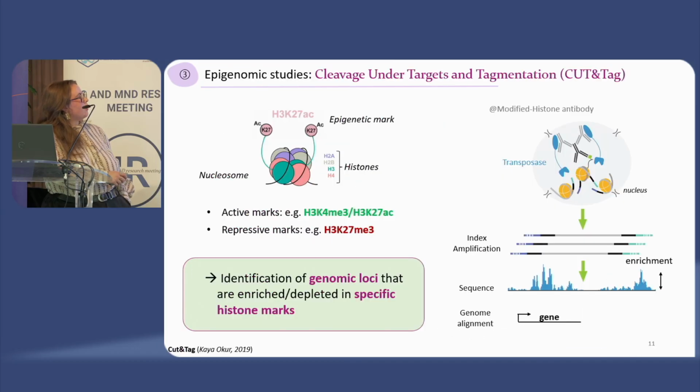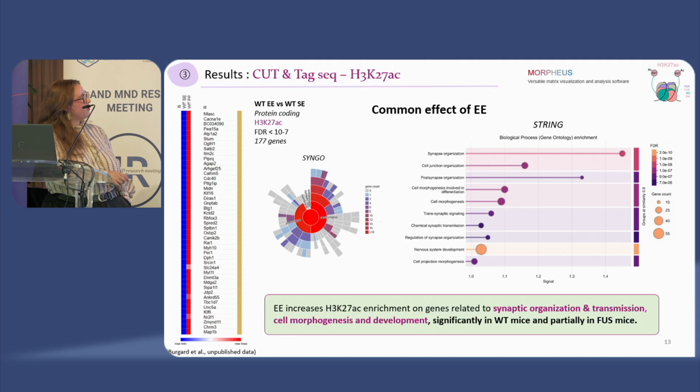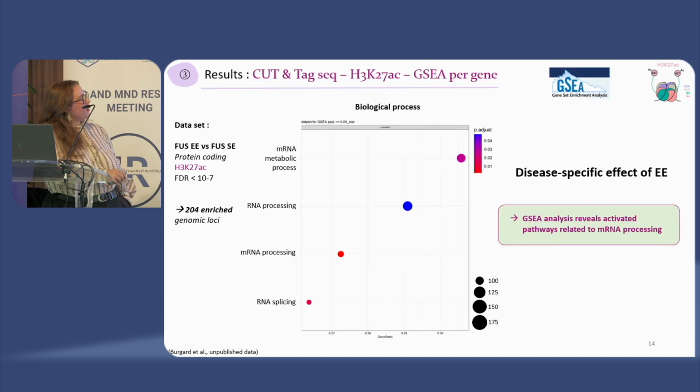So what we can see here for the disease-specific effect is that we have a rescue on the mRNA metabolic processes. And we know that FUS is super important for all the mRNA processes.